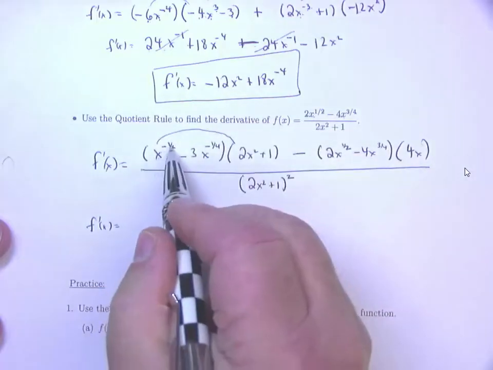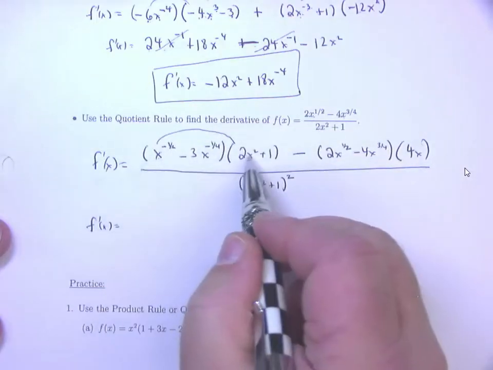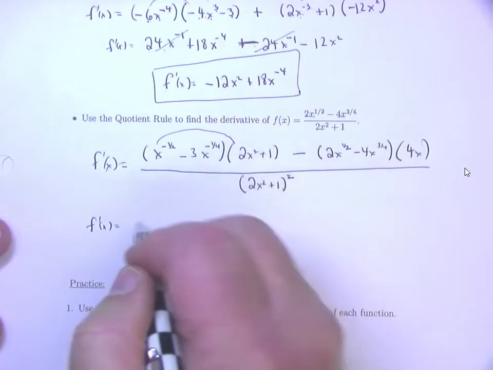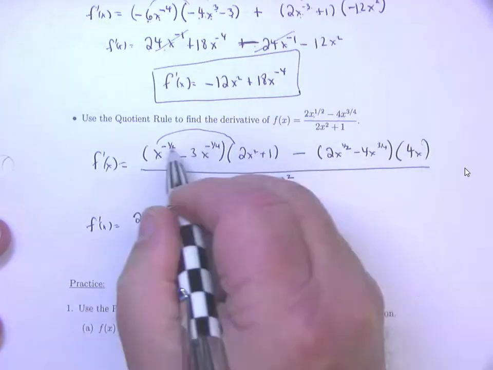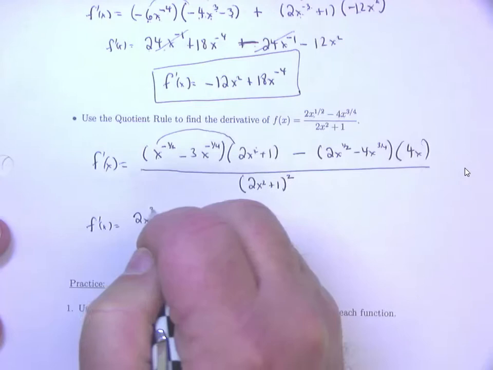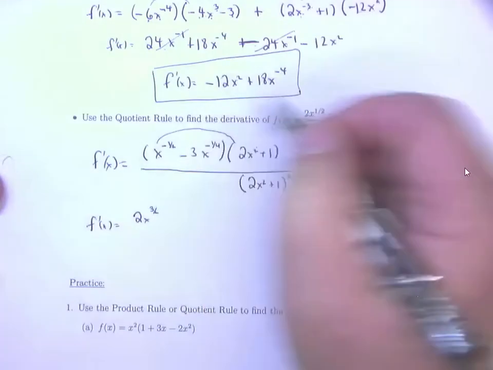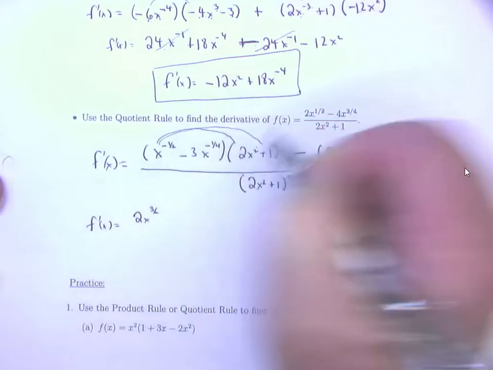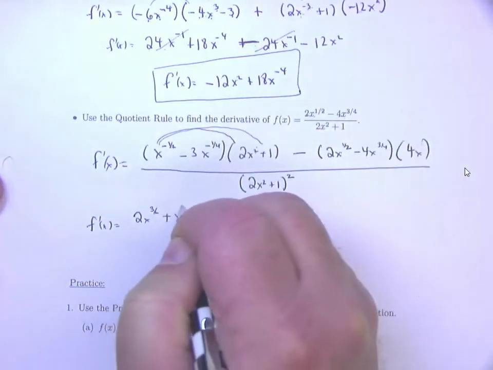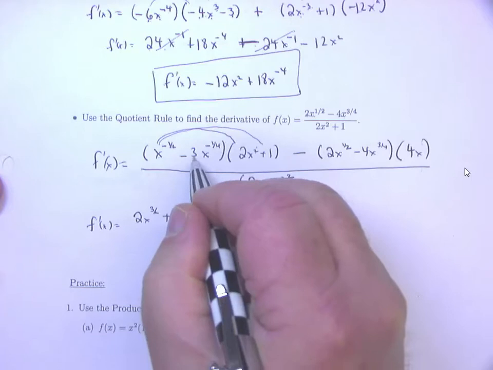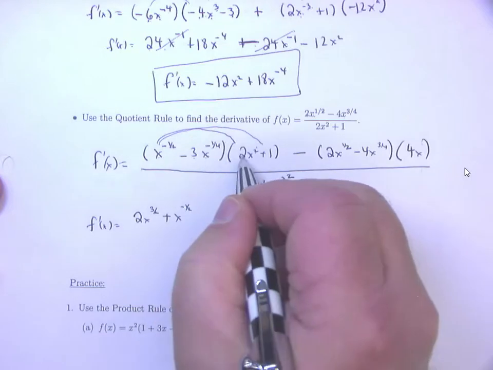x to the negative 1/2 times 2x squared. When you multiply, you add exponents. That would be 2x to the minus 1/2 plus 2, which is 1.5 or 3/2. And then x to the negative 1/2 times 1 is plus x to the negative 1/2. Minus 3x to the negative 1/4 times 2x squared.